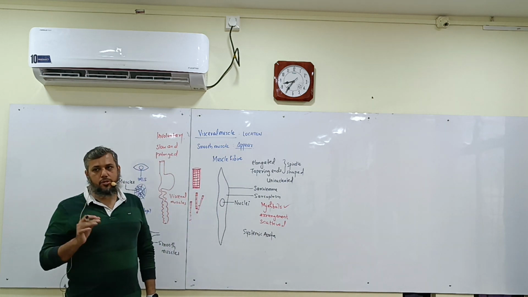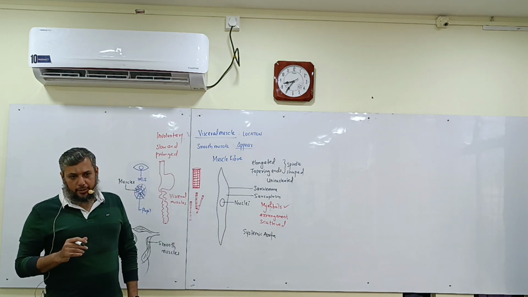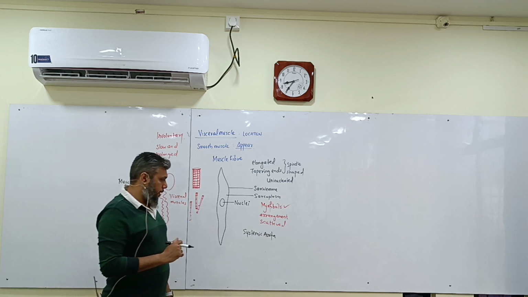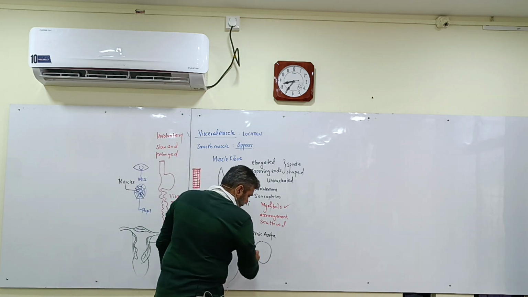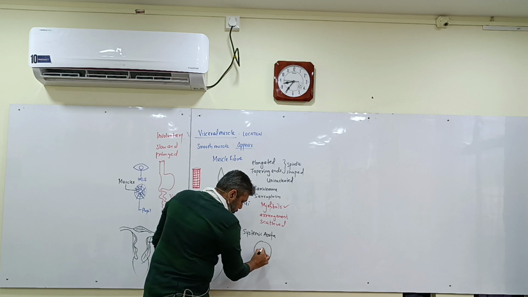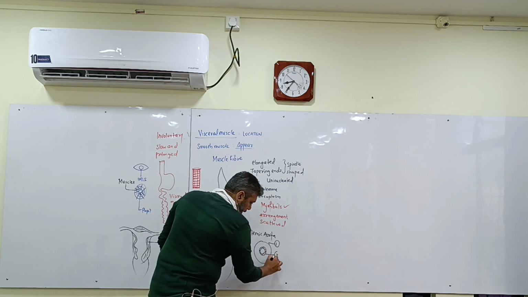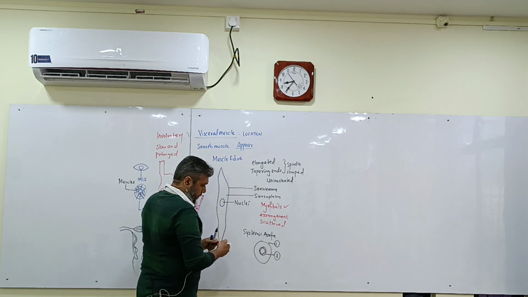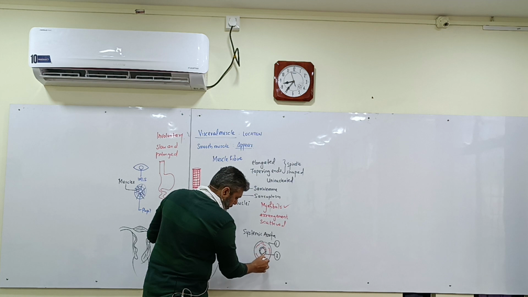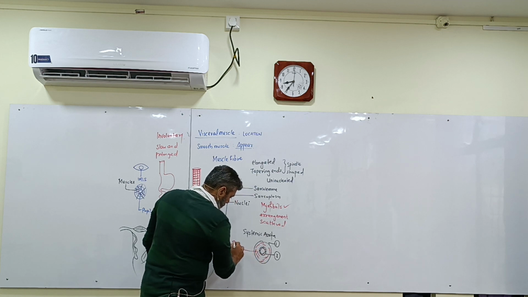And it will branch to form many different arteries. So if I cut an artery, it will show the presence of different layers. 1, 3, and 2 I have missed it. And this 2 is which muscle, children? Smooth muscle.